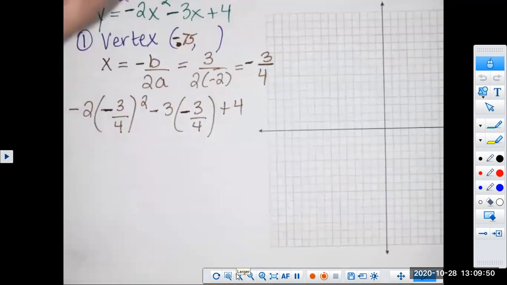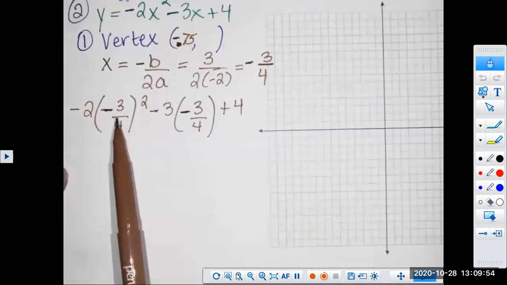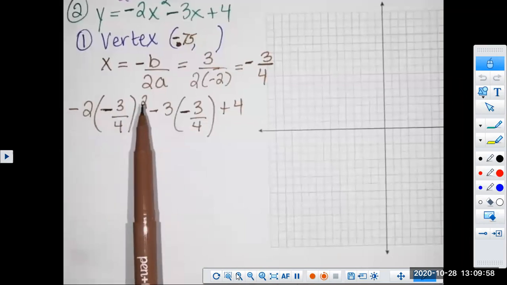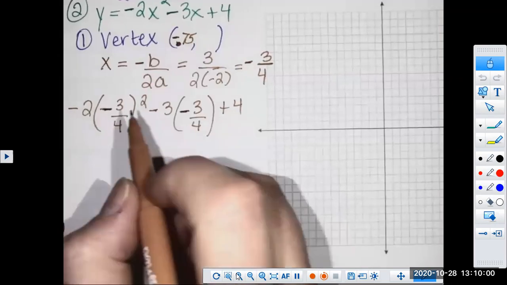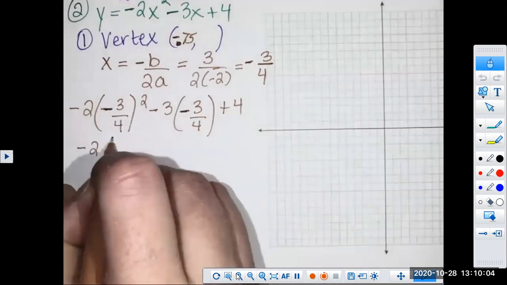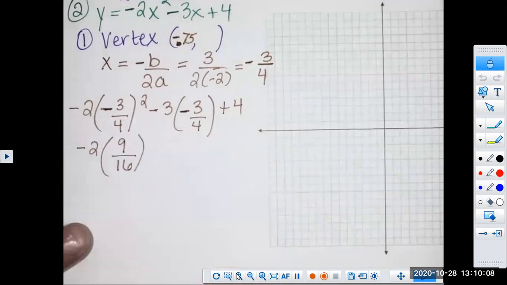Okay, be careful with order of operations. I see a lot of people multiply before they use that exponent. Be careful about that. When you square this part, you're going to get positive 9/16. When you square a fraction, square top and bottom.